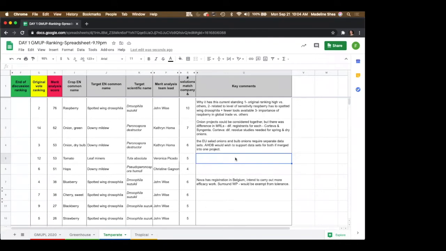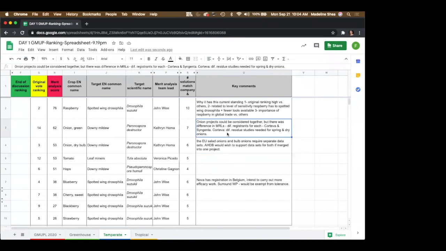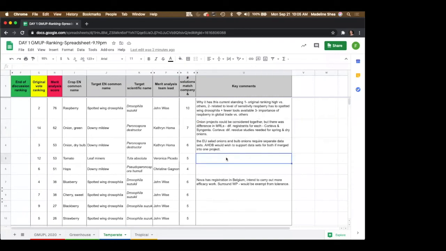John, we have a cue from Carmen Tiu from Corteva. Yes, hello everyone. I just wanted to make a point from the perspective of using this data for registrations as well as for Codex MRLs. We will probably submit just one package. If you're talking about tomato, Tuta absoluta, when we make submissions both for national registrations as well as to Codex, we just request an MRL on tomato for control of Tuta.